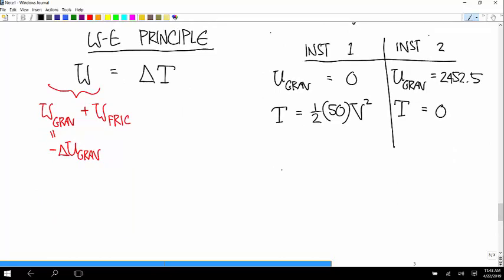Okay, so the change in gravitational potential energy is 2452.5 minus 0, so 2452.5 joules.